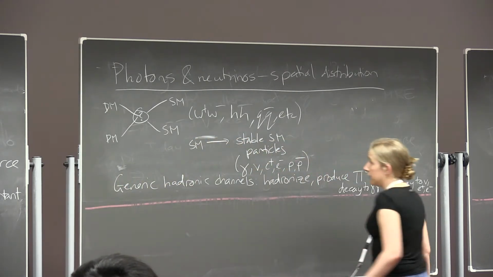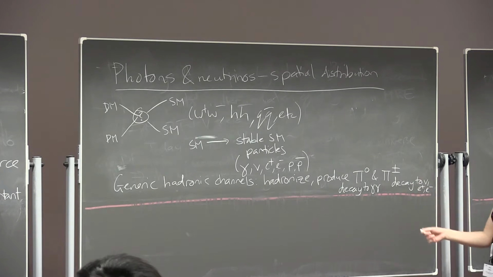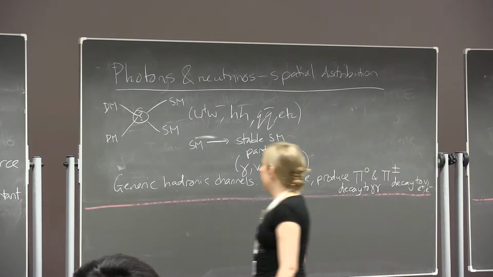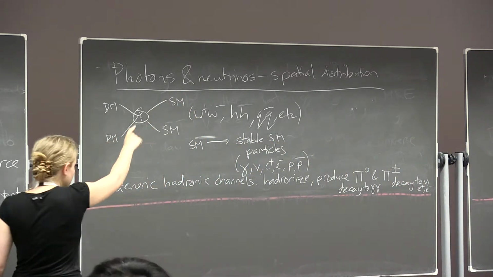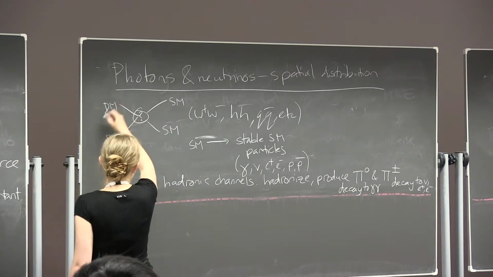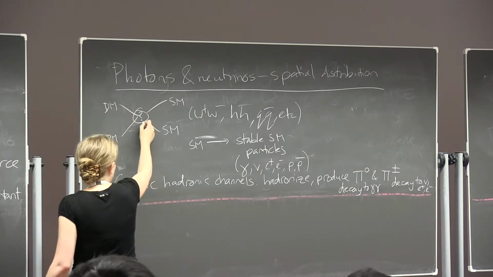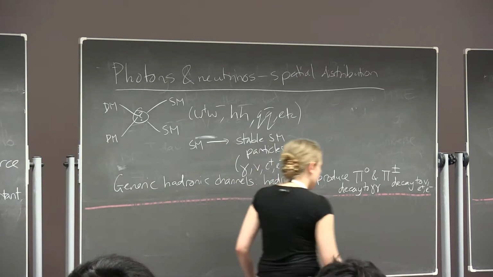So the hope is that by measuring the photons produced in this process, we can reconstruct what this final state was. We can try to reconstruct the mass of the dark matter, and we can try to reconstruct this interaction.